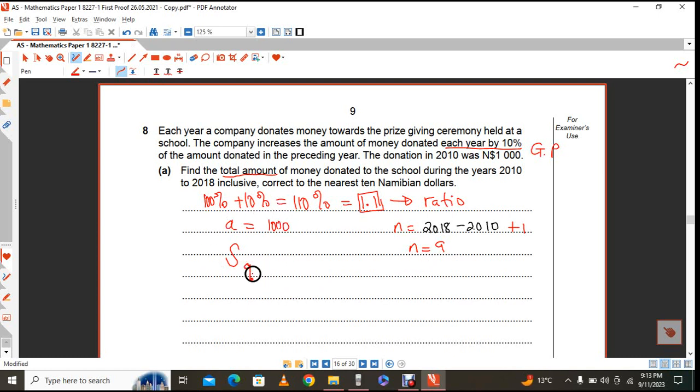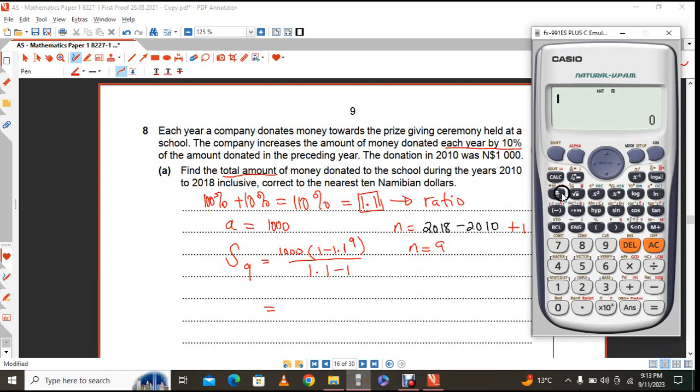So we need to find the sum, S sub n. We know the formula: the first term, in this case 1,000, times 1 minus 1.1 all raised to the power of 9, all over 1.1 minus 1. So this is going to definitely give us a value. Let's grab our calculator.